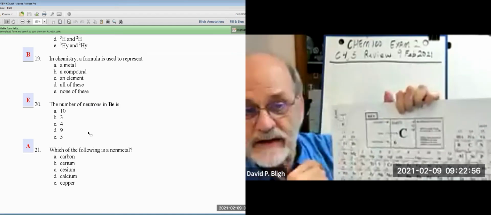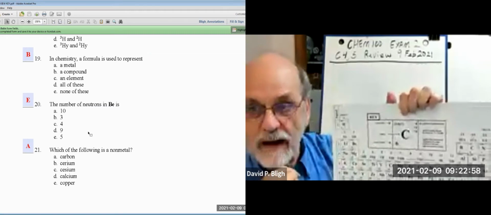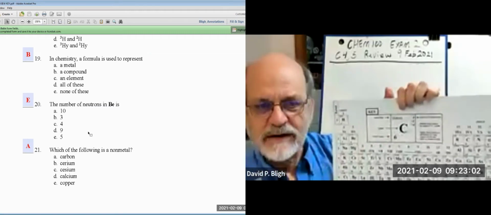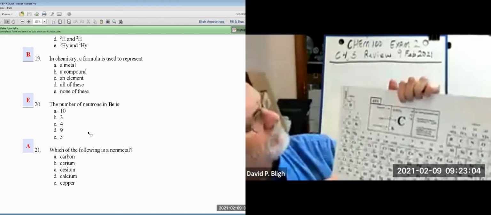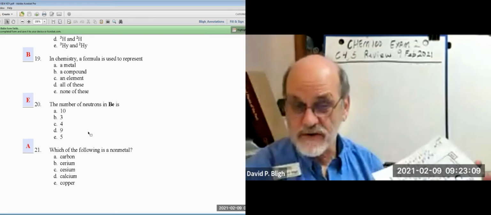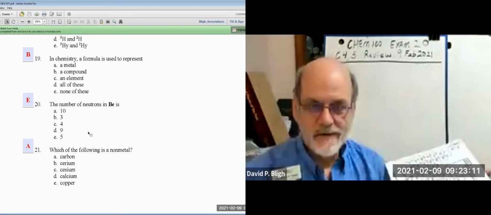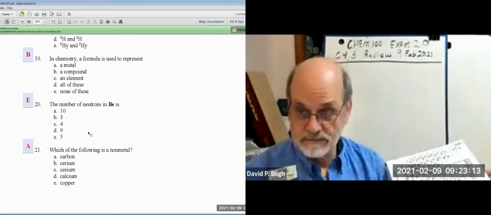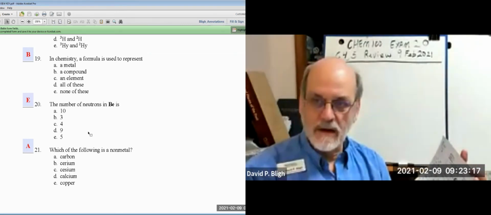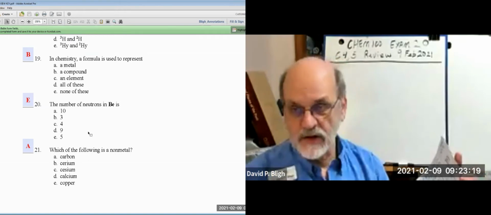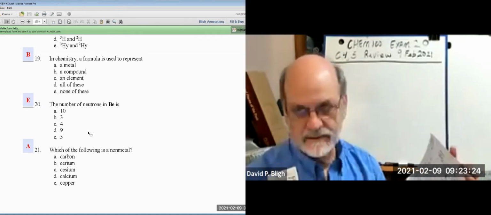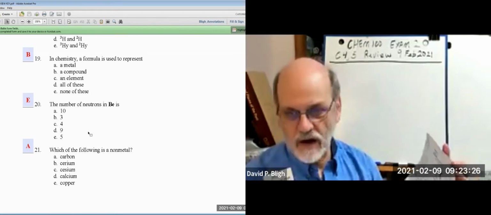And it has an atomic number of 4, so it has 4 protons. How many neutrons does it have? Well, that's really not a good question, because we know about isotopes, right? It could have, and does, in nature, have a mix of isotopes. But I think what we're getting at here is the most common number of neutrons, right?